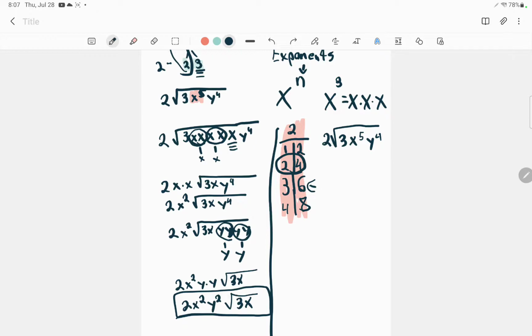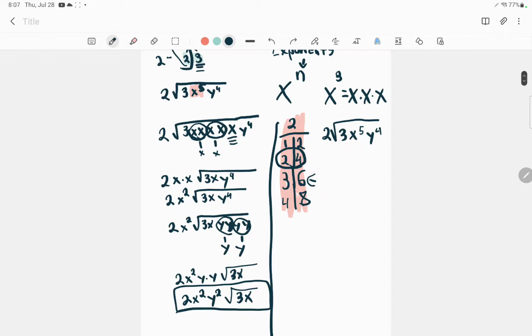You notice that if I have 3 groups of 2, it's going to give me 6. So I can't have that. So I can only have 2 groups of 2. I know it's very confusing and I know I'm not writing anything. But I know that I can have 2 groups of 2, which is going to leave 1 remaining. Okay? So I can do this.